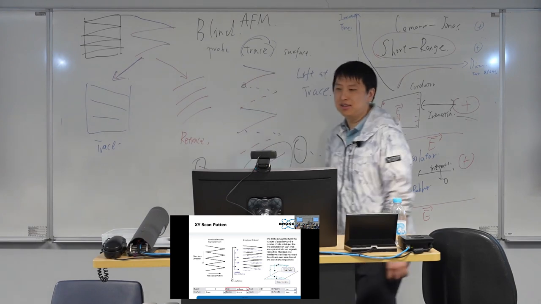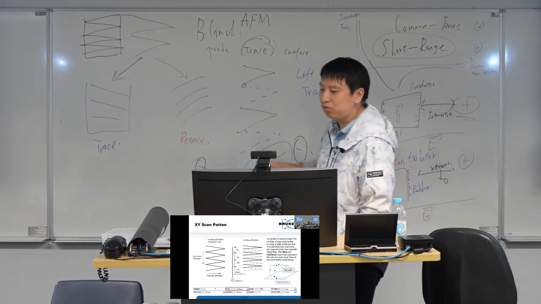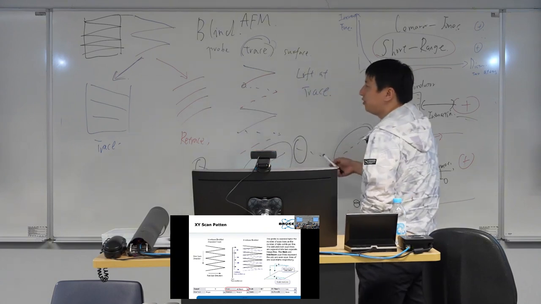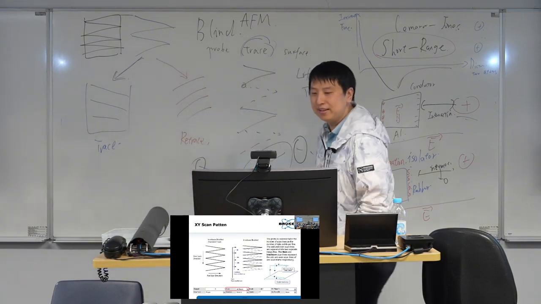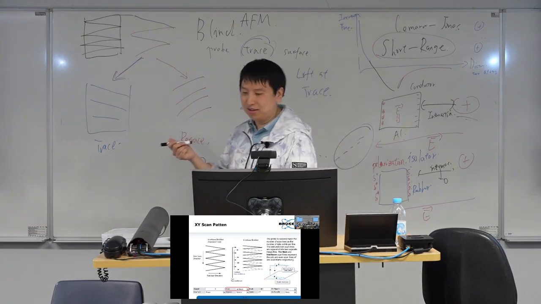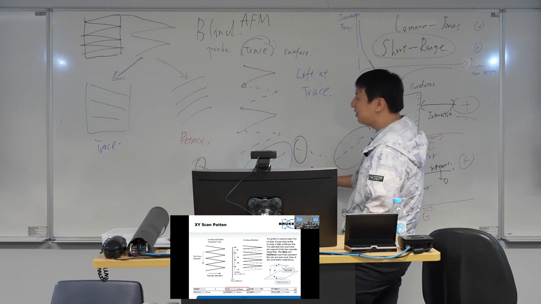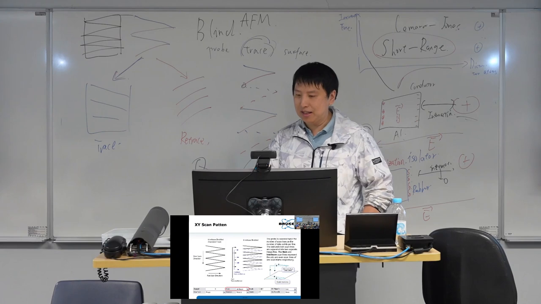Okay, that's the setup. So in the afternoon, when you take a look at the so-called interleave scan, you will see we always capture the retrace directions. Of course you can check the trace motion to see how this lift and drop down take place. Okay, that's the idea.